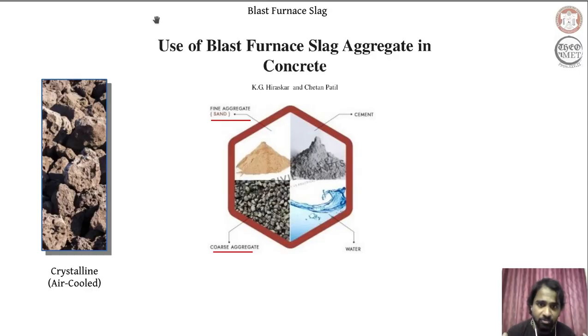I need to spend relatively more money if I want a concrete that is exclusively made of aggregate. Now we are replacing the aggregate with the blast furnace slag, so the amount of aggregate I need to purchase decreases, thereby reducing the price of my concrete. This is from the economic perspective.